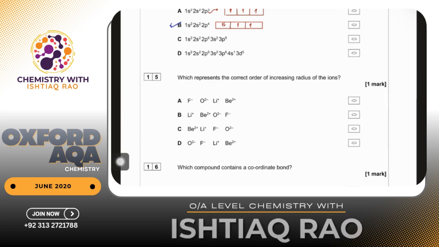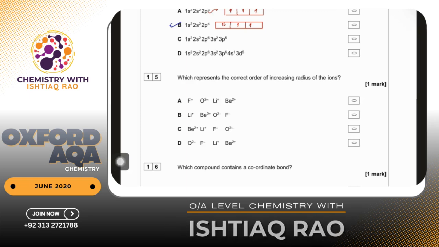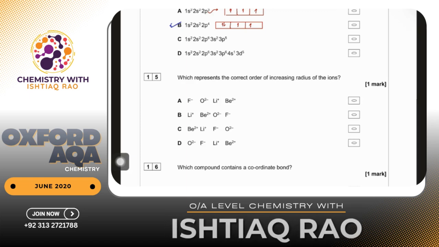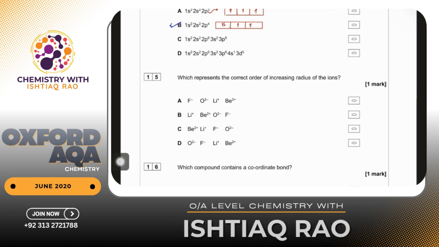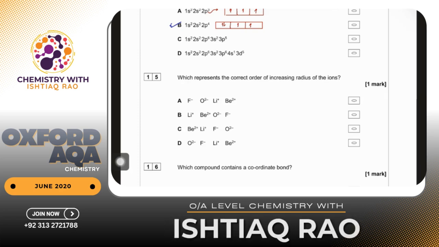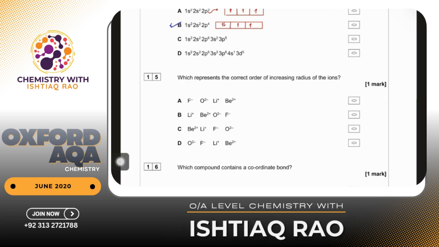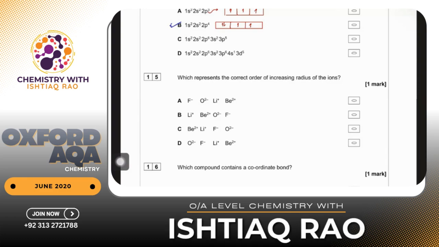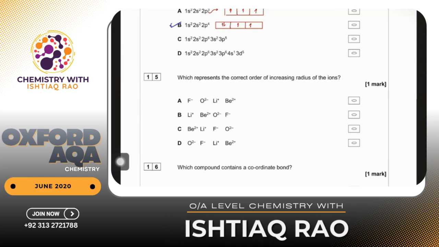I think cations are smaller. Exactly, cations are smaller. So we are going from smaller to the larger. So the answer may be B. The answer may be C. Then we have to think again.